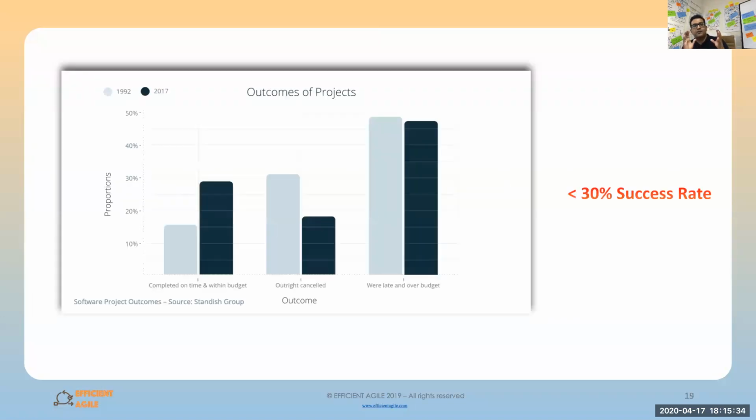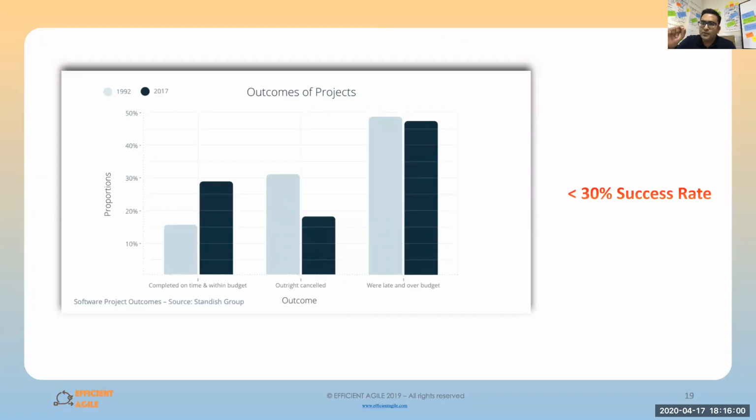This is a statistics from Standish Group. And if you look at this graph, you can see that nearly 30% of the projects are successful, and the remaining have been either cancelled or they've been late or over budget. Now, what is the main reason for this?